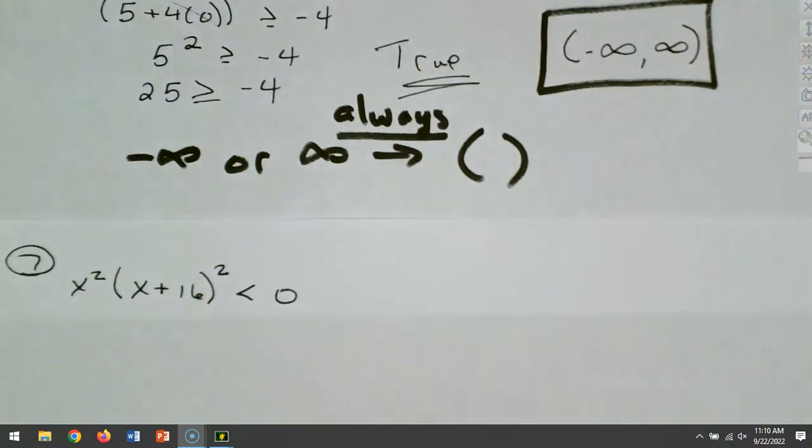I'm going to work this one out, but I can tell from the very beginning that this is going to be false. Now, why can I say it's going to have no solution? Let's think about the squares again.